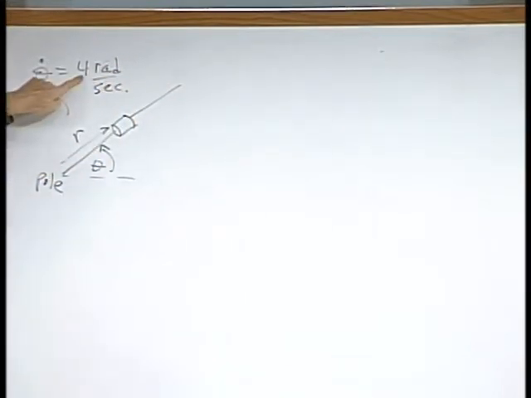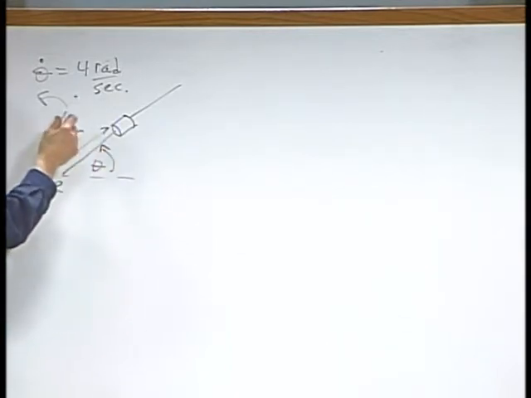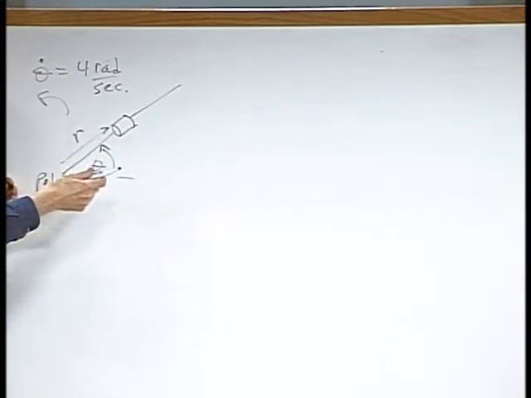Keep in mind that pi is half a rotation. So it's a little more than half a revolution per second. So you kind of have a physical sense of how fast this arm is rotating. It's always good to get a physical sense for it.